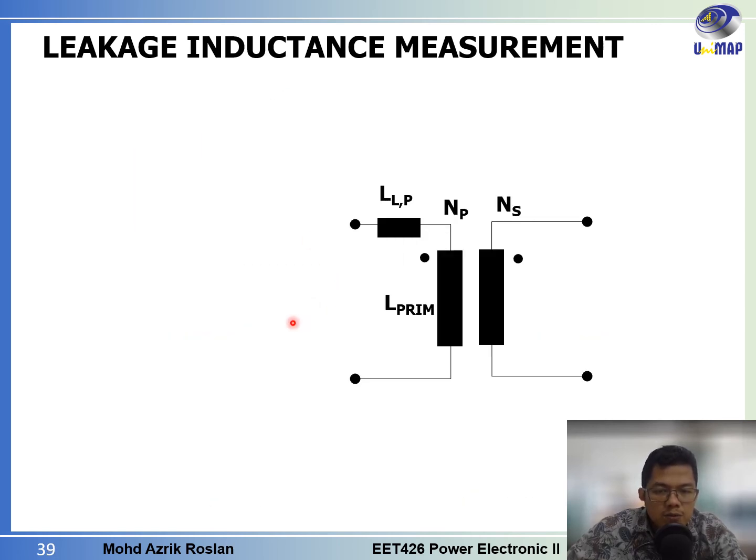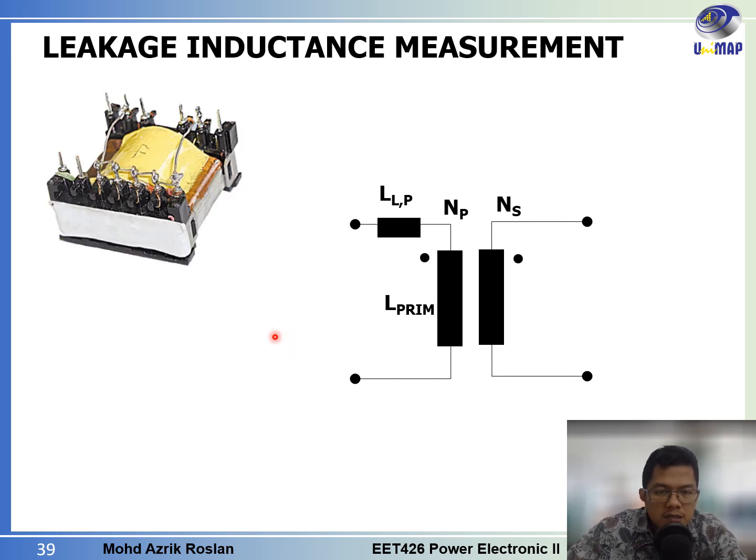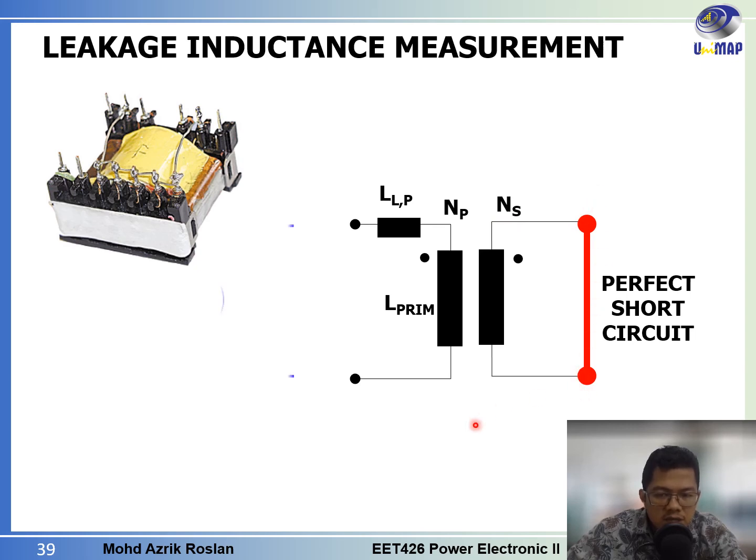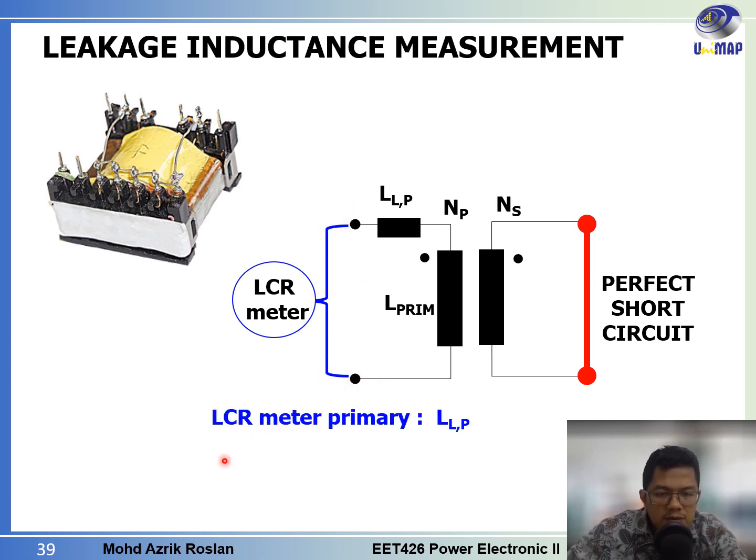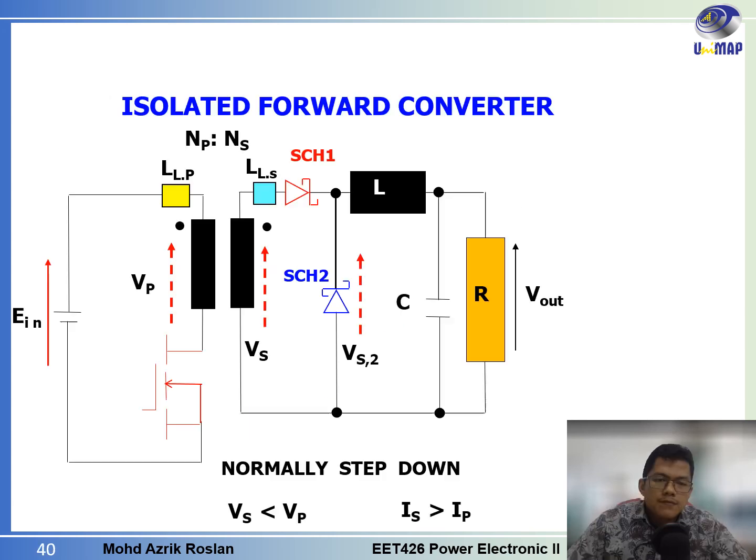To measure the leakage inductance LLP, we need to conduct the short circuit test. We short the secondary side of the transformer, and when we measure with the LCR meter at the primary side, the reading we get is only the leakage inductance.